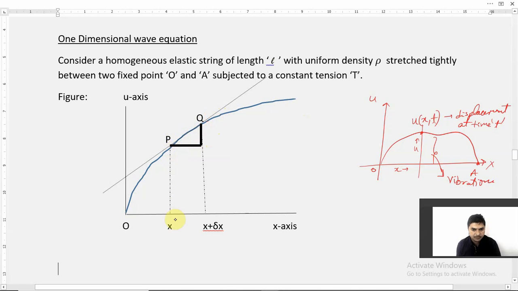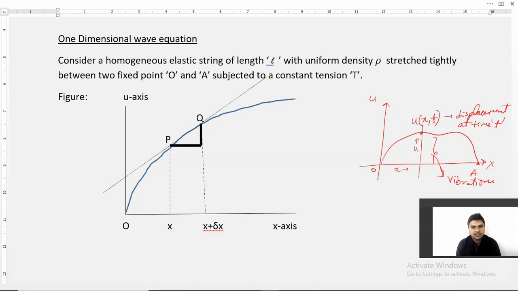So at point P, the distance traveled on the x-axis is x, and at point Q, the distance traveled on the x-axis is x plus delta x. This is a small change in the displacement. So this is all you should remember. Hardly it will take 2 minutes to draw this diagram. Is it clear?